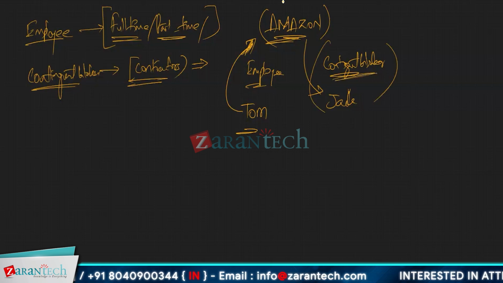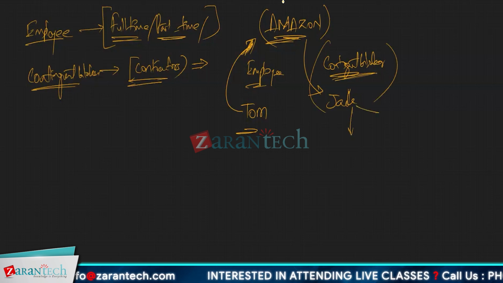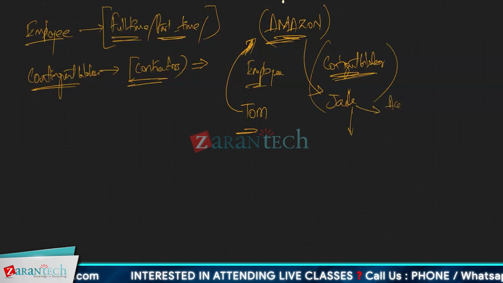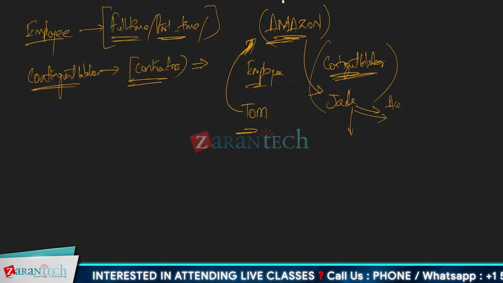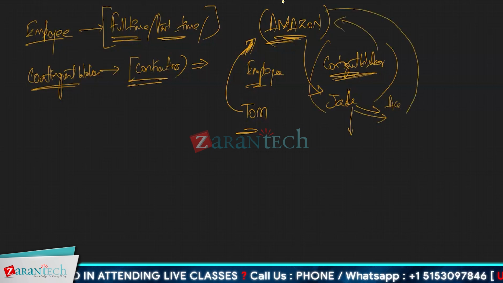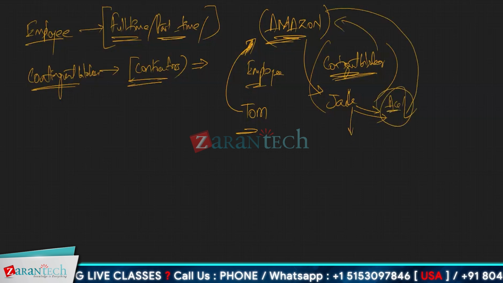You will be in Amazon's Workday system as a contractor, but you will not be an employee of Amazon. You will still be an employee of maybe Accenture or Deloitte, whichever company you join, and you are just providing your services to Amazon. Amazon will pay your payroll company, and they will pay you.